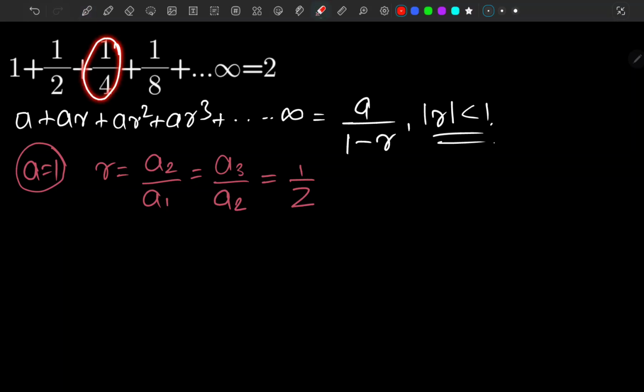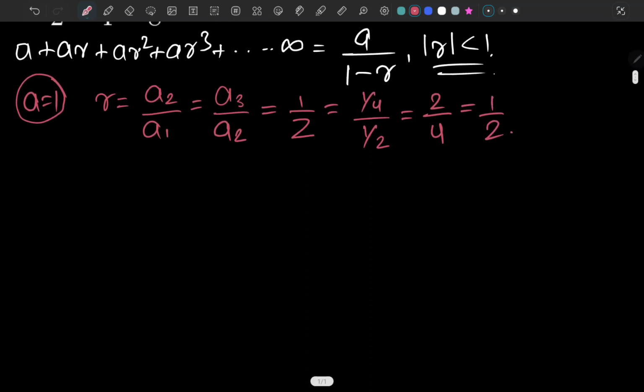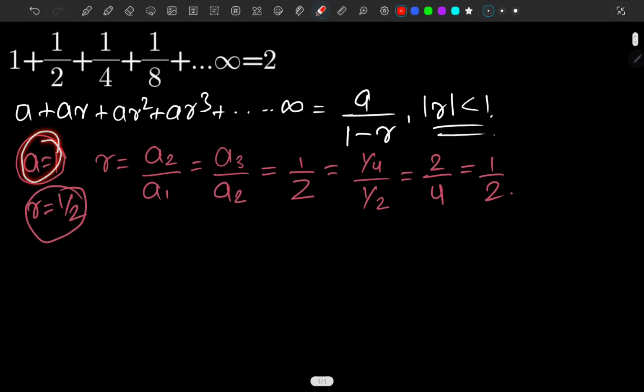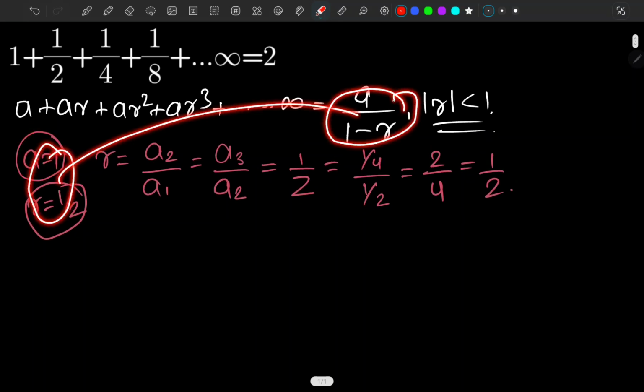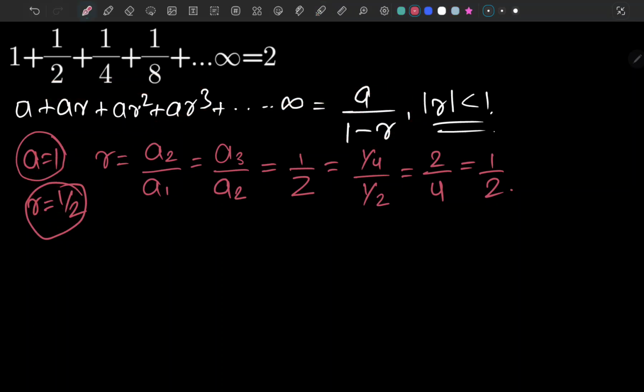And for 1 over 4 over 1 over 2, it comes out to be 2 over 4, which is 1 over 2. So hence your r is 1 over 2 for this case. You have your r and your a, so you can plug these back in to get the value, and that gives us 2, straightforward. Your a is 1, so it's 1 over 1 minus 1 over 2, which is 1 over 1 over 2, and that's 2 over 1, which is 2.